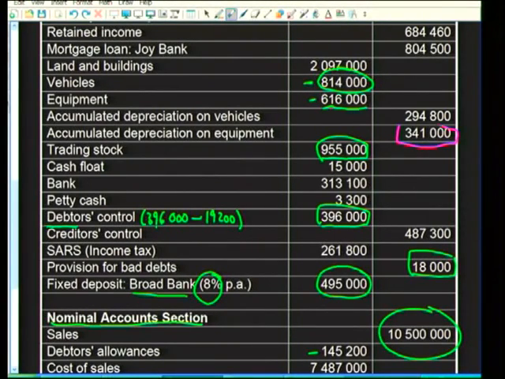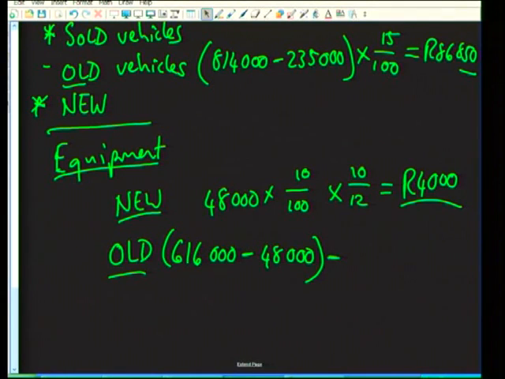Just use a new color because there's so much green on this page. Accumulated depreciation on equipment, 341,000 Rand. That needs to be subtracted because we're doing the calculation on the diminishing balance method. So we still have to subtract 341,000 Rand. That's going to give us the carrying value of our old equipment. And that number must be multiplied by 10% in order to work out the depreciation on the old equipment.